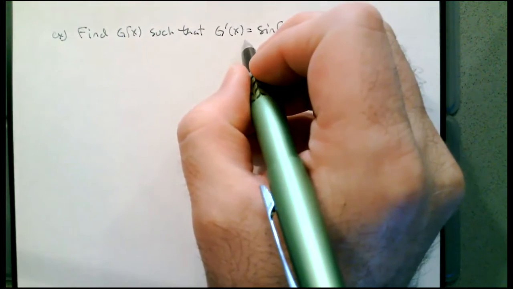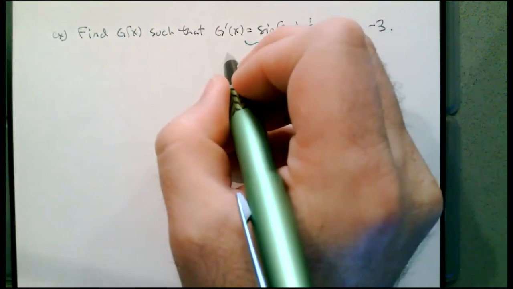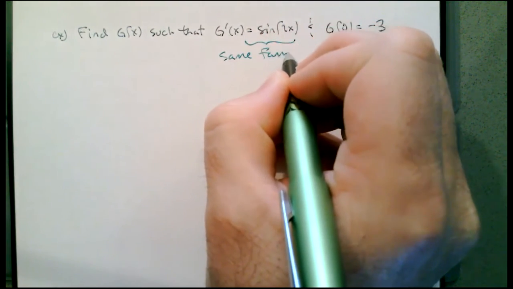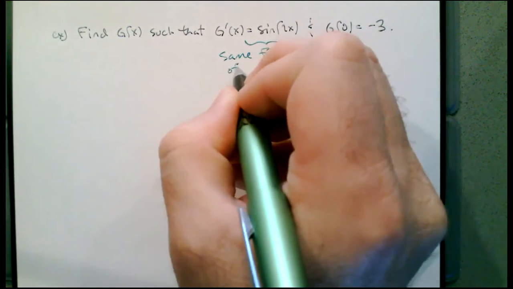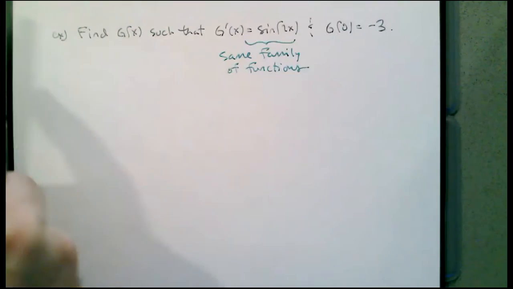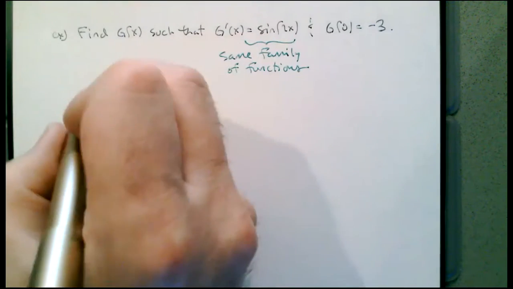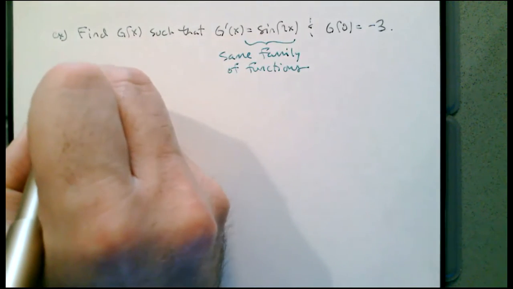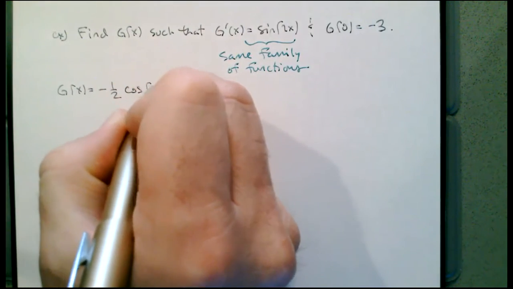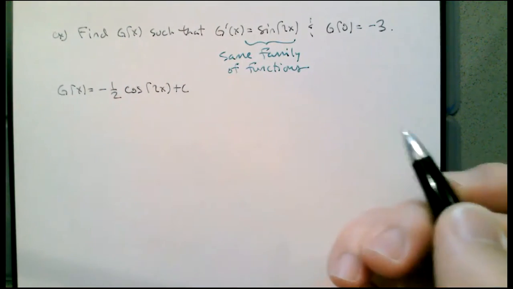This tells us we're going to be using the same family of functions, but we'll get a different constant term. Our family of functions is still g of x equals negative 1/2 times the cosine of 2x plus c.